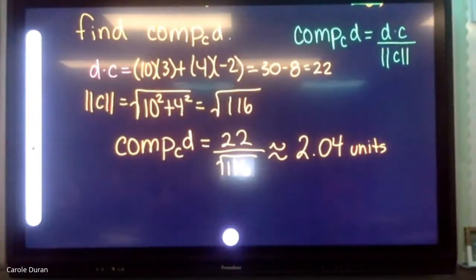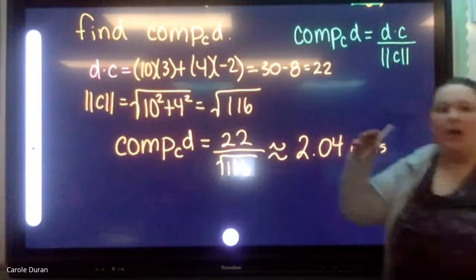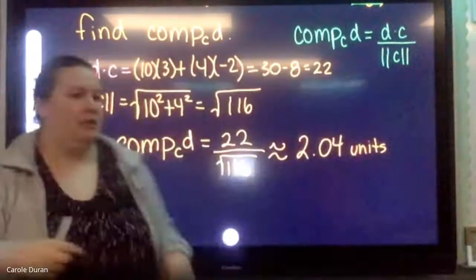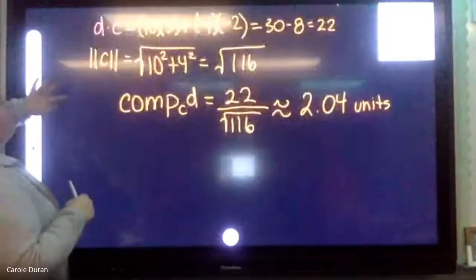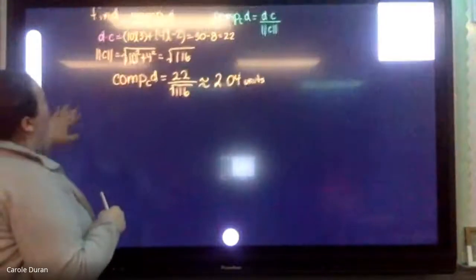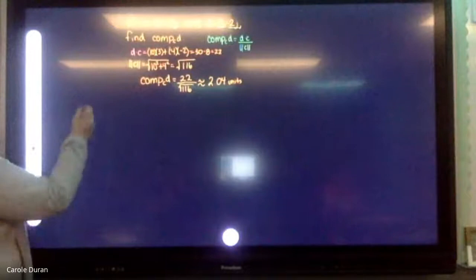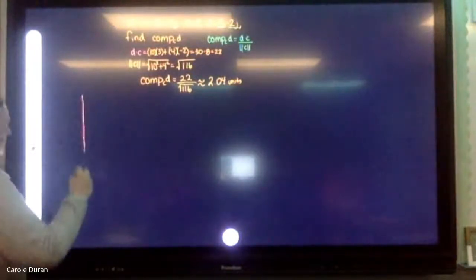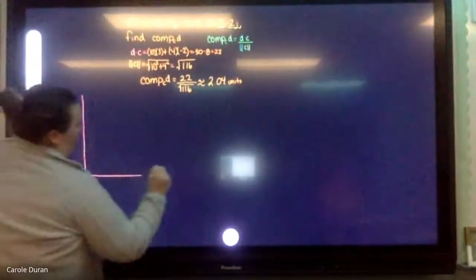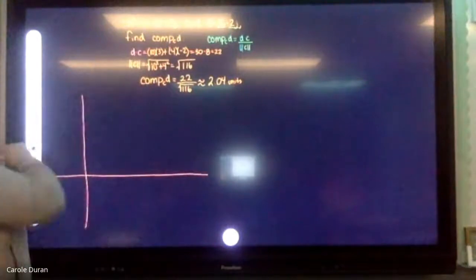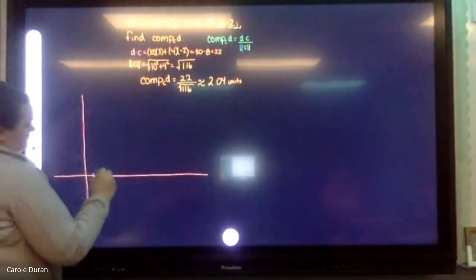So now that we've computed it algebraically, let's go ahead and look at it graphically so you can kind of see what this 2.04 represents on the graph. In order to do that, we're going to have to graph vectors D and C. So make sure I draw this big enough. Vector C was 10, 4.